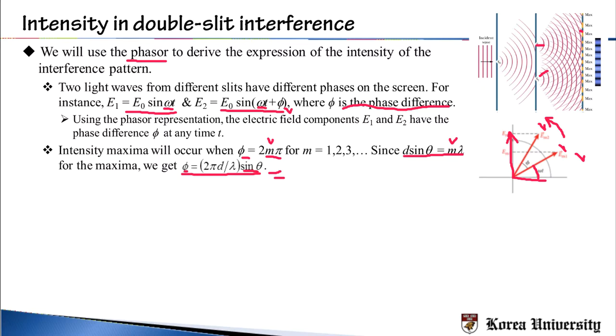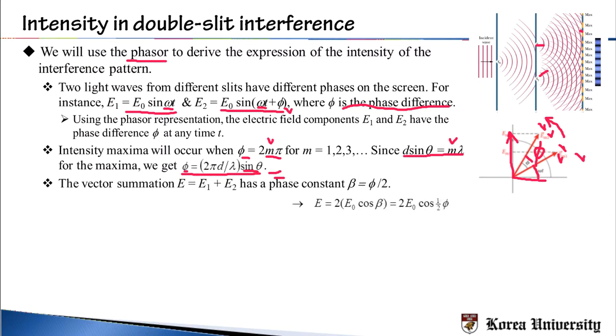Okay, so eventually what we want to do is make a summation between these two phasors, which are at the phase difference phi, and then it will look like this. Phasors are just like vectors, so you can move the second phasor to this position and make a summation. Then this big blue arrow will be the new phasor, which is the summation between the two original phasors.